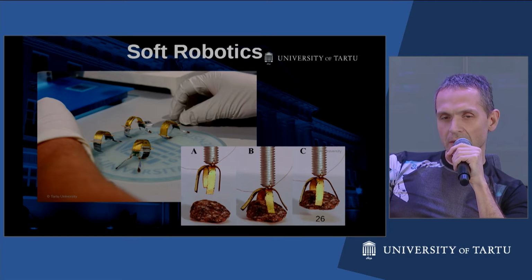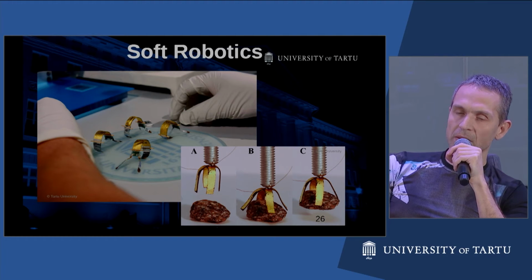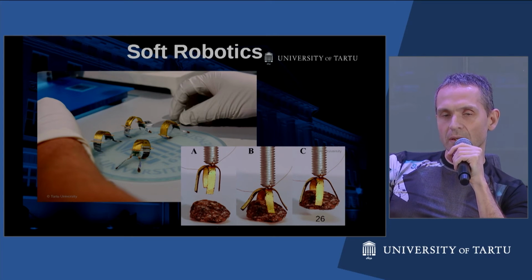These slices are a piece of rubber which can move if you apply voltage. If you reverse the voltage, it can bend in another direction. So basically you can make them move like a pendulum. And they can carry, for example, more weight than their own.